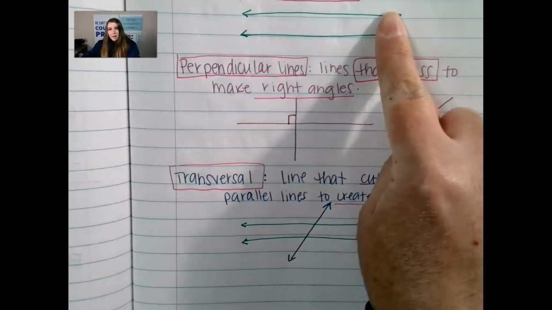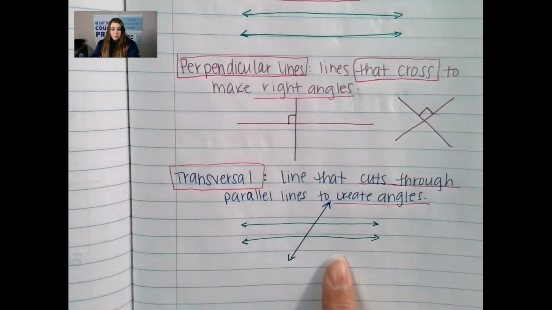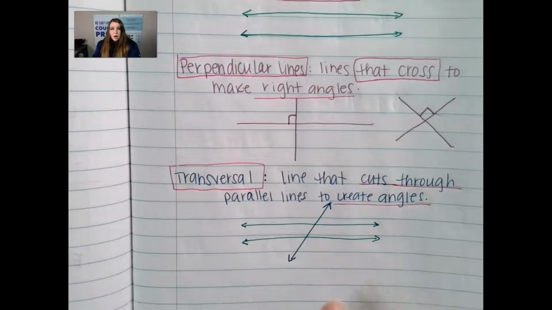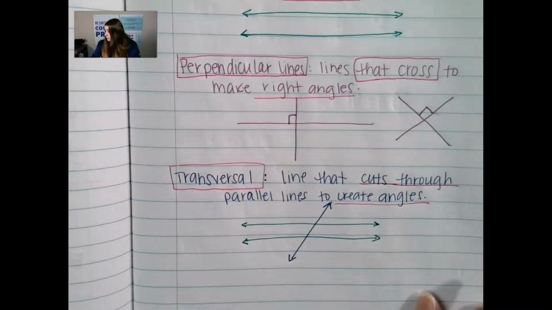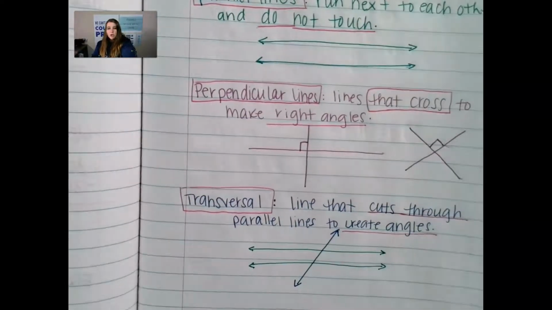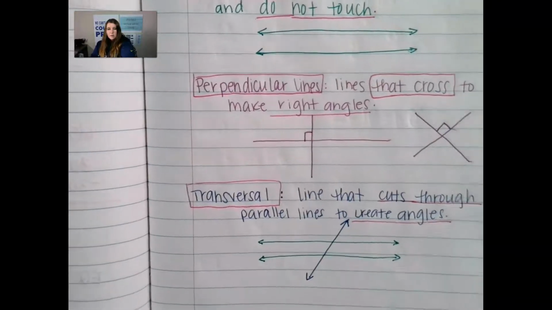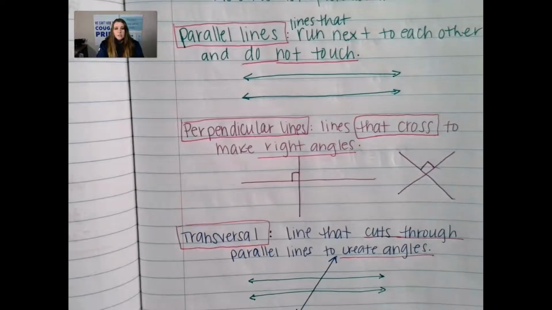So you have parallel lines that just run with no touching, and then you have the transversal, which cuts through to create those angles. All right, so we're going to talk now about the angles that are created when we have the transversals that are happening. So now that we have some vocabulary, I'm going to turn my page just so that we can start fresh by looking at just the angle measures.